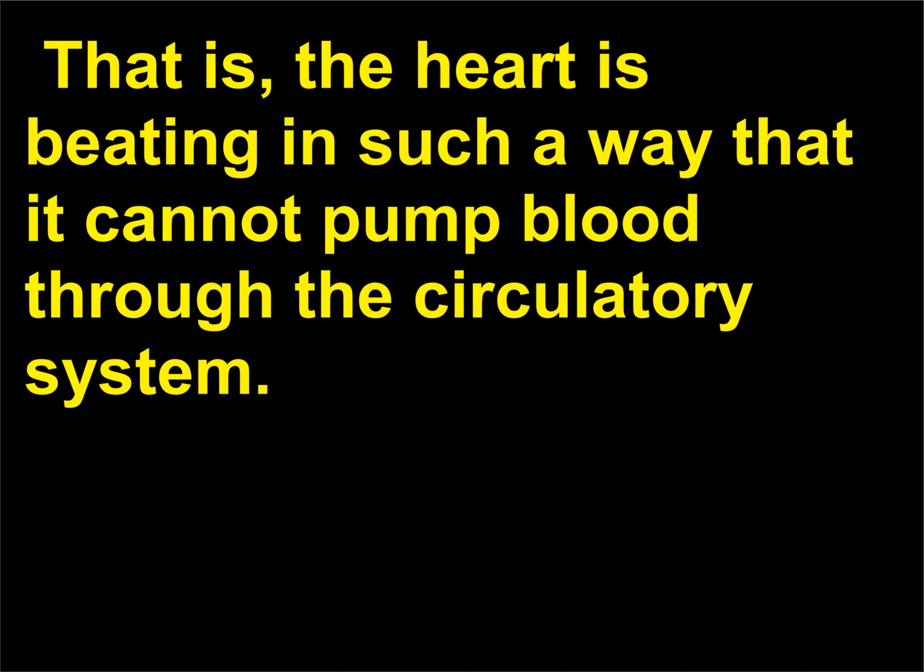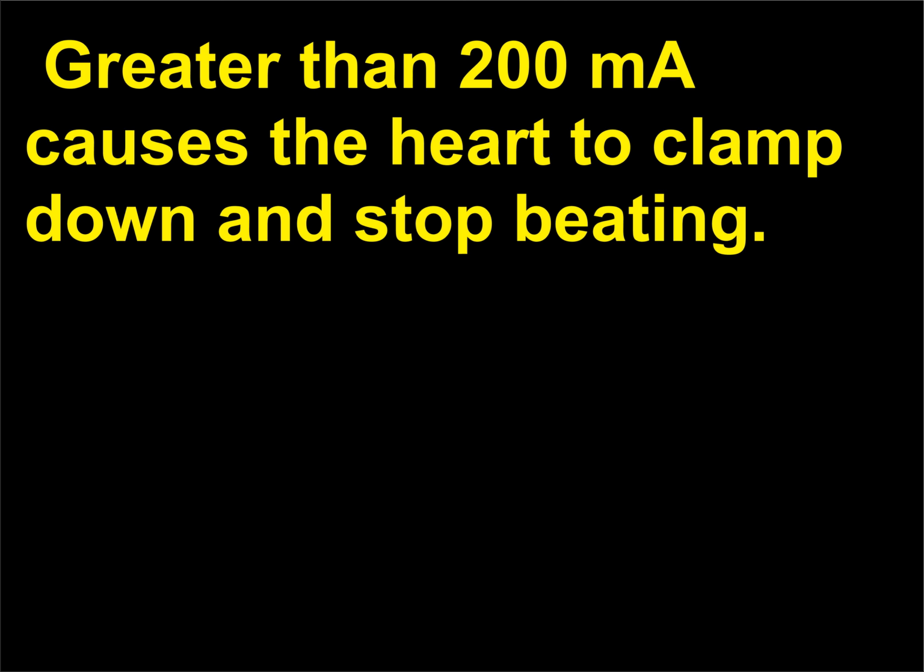That is, the heart is beating in such a way that it cannot pump blood through the circulatory system. Greater than 200 mA causes the heart to clamp down and stop beating.